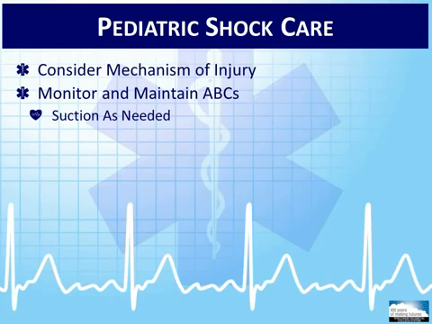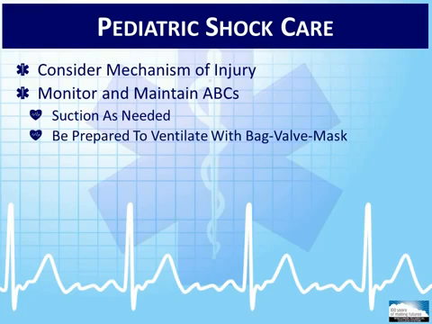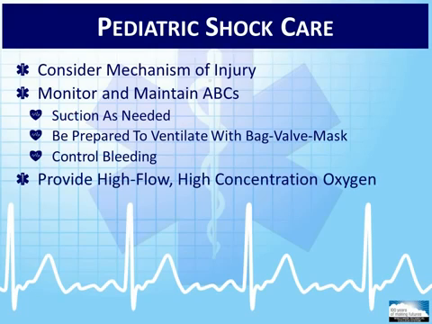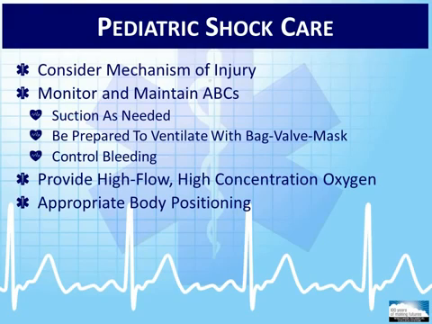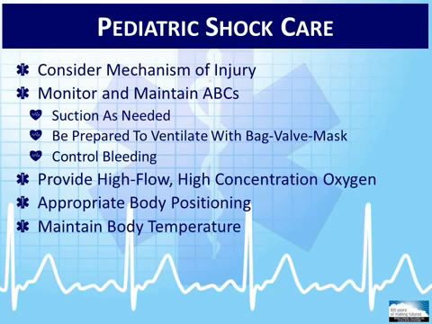Suction any secretions as necessary and be ready to ventilate if indicated. Control any external bleeding. Provide high-flow oxygen and consider elevating the patient's legs during transport if not contraindicated by head or spinal cord injury. Pediatric patients, especially newborns and infants, lose a lot of body heat through their proportionately larger heads. Keep the patient warm and help them maintain their body temperature.